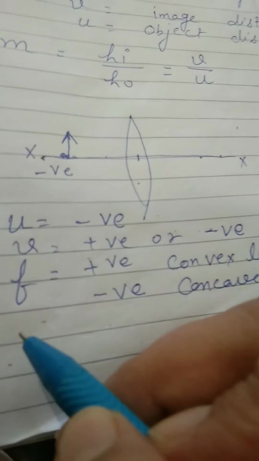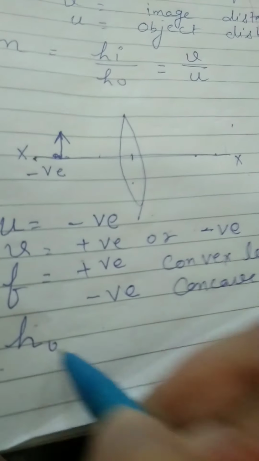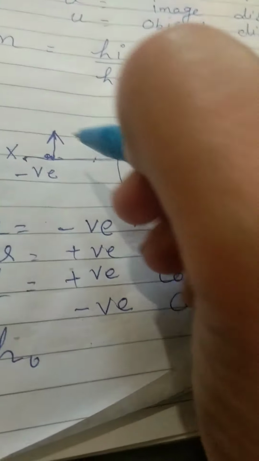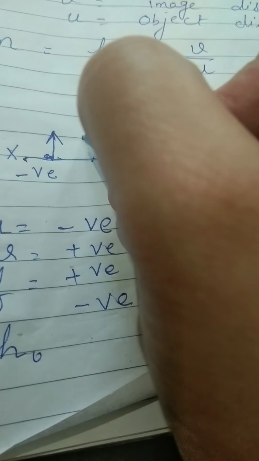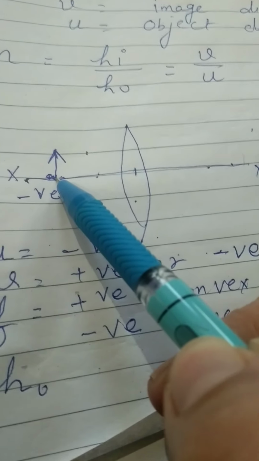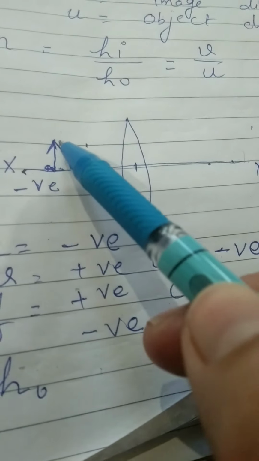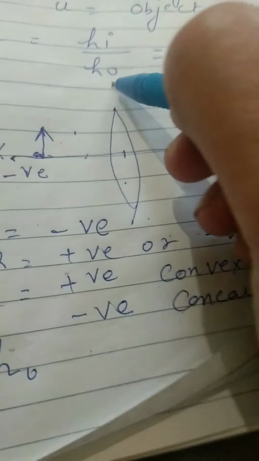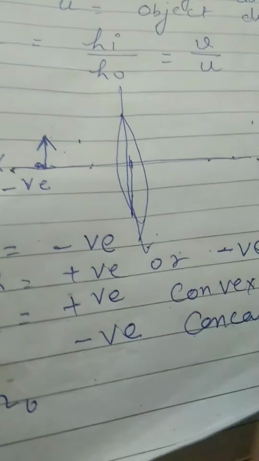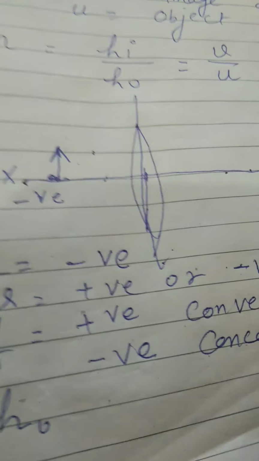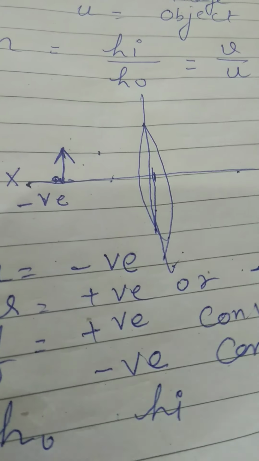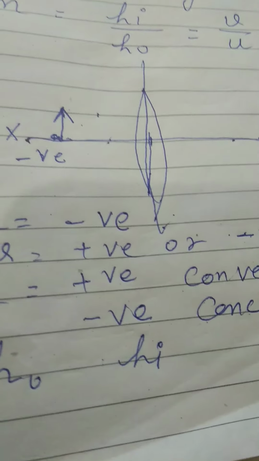Now, height of the object. We always place the object erect, just like this. The height of the object is placed on the y-axis. The height of the image can be smaller or larger than the object.